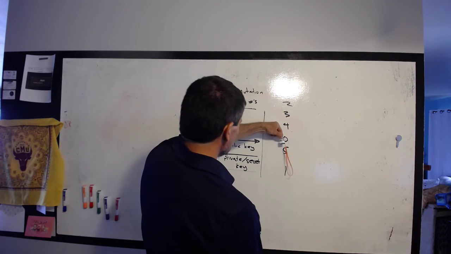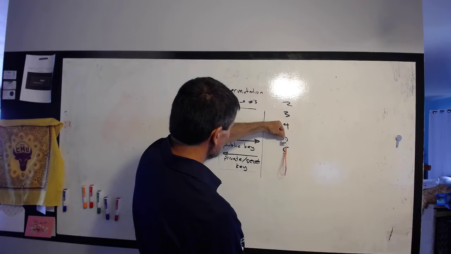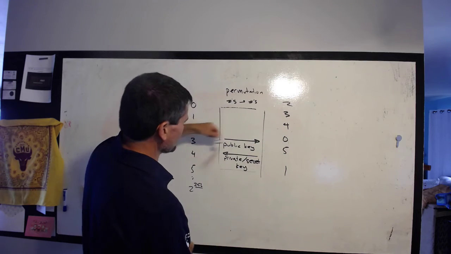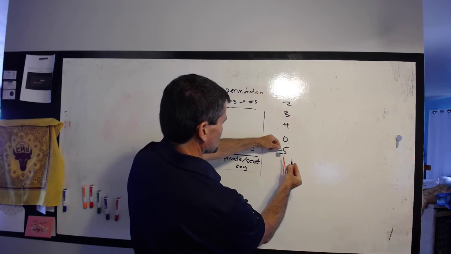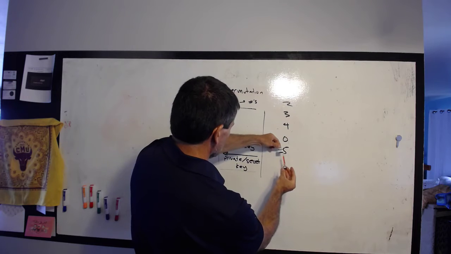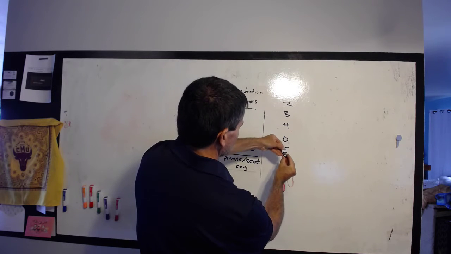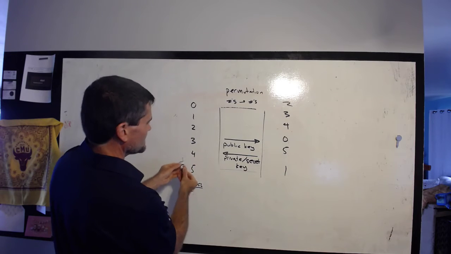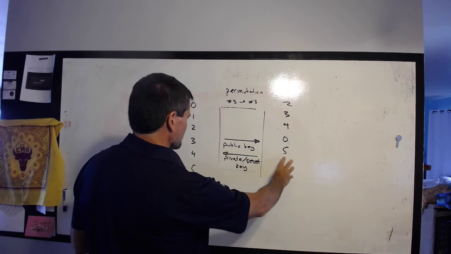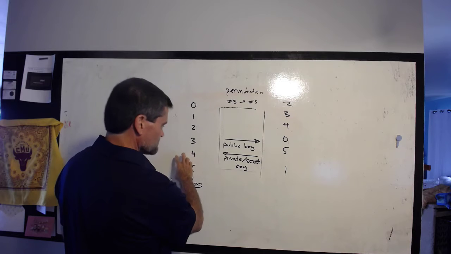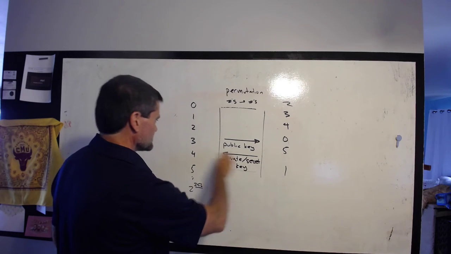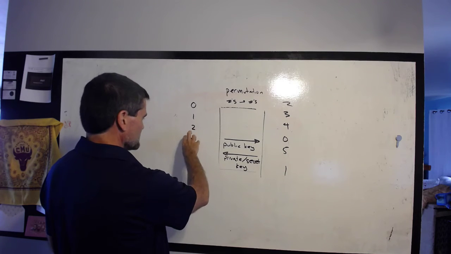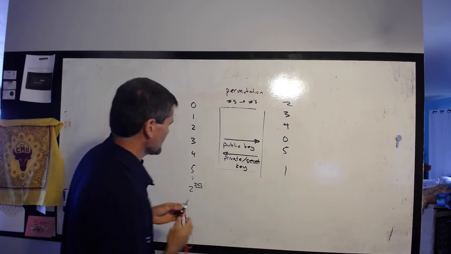But with the private key, once it's over here, it would be very difficult to go back unless you possessed some extra piece of information called the private key. That extra piece of information lets you take this and go back to the original. So with the private key, going this way is reasonable. It doesn't take a ridiculous amount of computation. But with the public key, you can go that way.